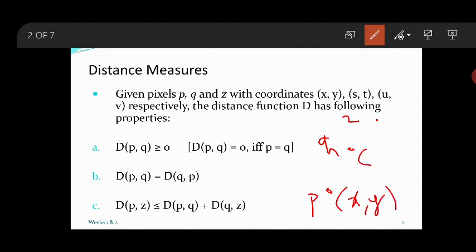The coordinates of Q will be considered as s comma t. The coordinates of Z will be u comma v.